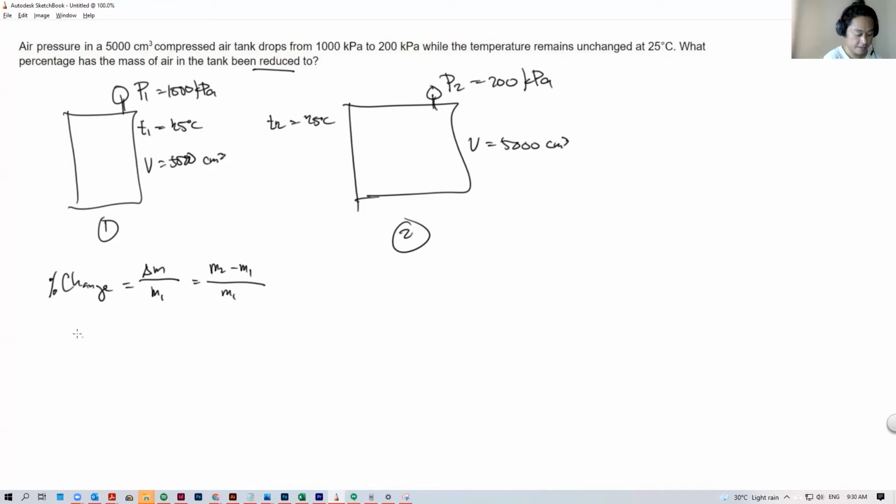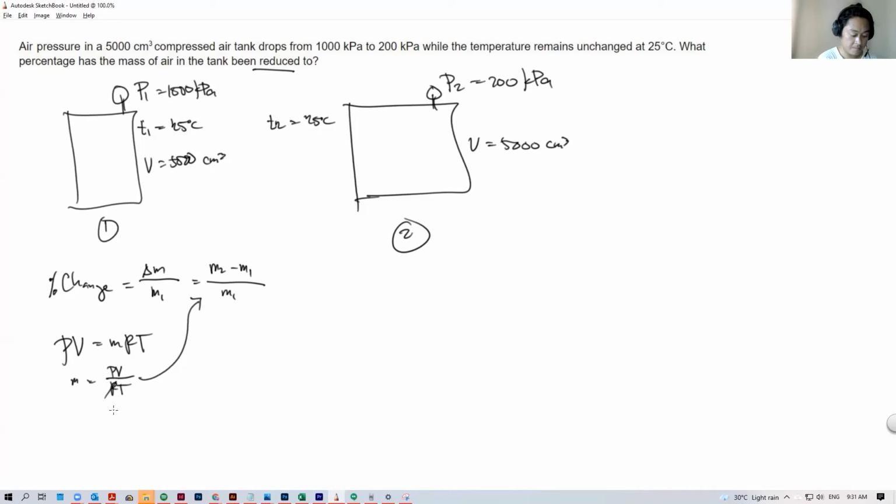If you can recall, the ideal gas equation is PV is equal to mRT, right? We'll be rearranging this in terms of the mass, so this will become PV over RT. Now, I already have an equation for the mass. If I plug that in here, the R will just cancel out.